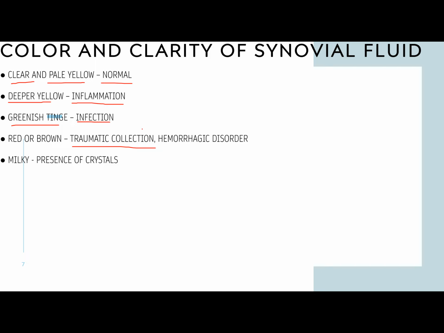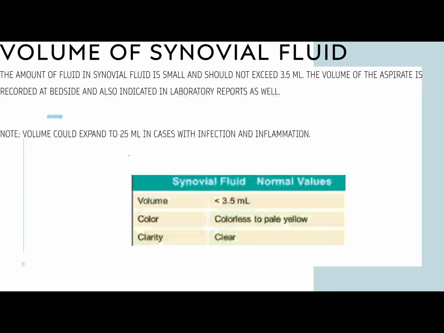Di ba, the doctor accidentally punctures a vein or an artery, it would cause a traumatic tap. So the synovial fluid would be red or brown. This could be seen in traumatic collection or hemorrhagic disorder. Then if your synovial fluid is milky, class, most likely there's the presence of crystals.